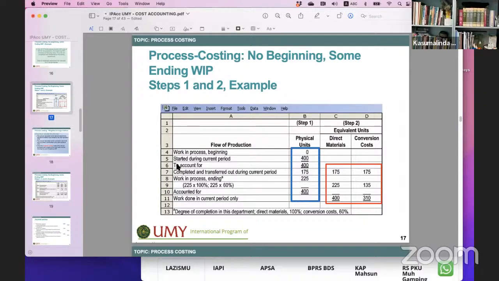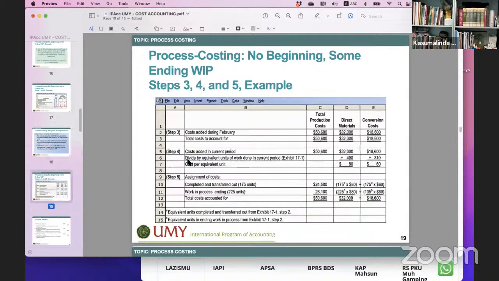You know that to account for is the beginning units plus started. So the same goes for cost analysis. When we want to calculate the cost to account for, it is the cost from the beginning work in process plus the cost added, or the cost for the started units during the month.